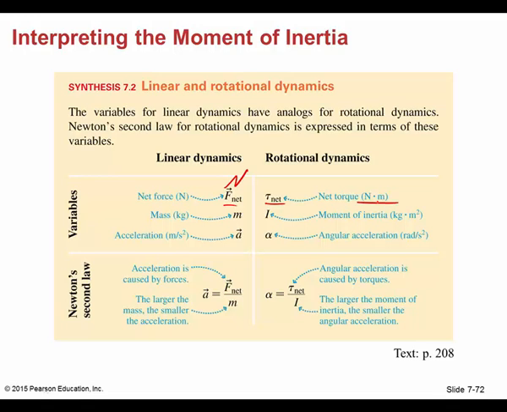Why do we use newton meters? Again, that is the force applied over what we call a lever arm. Now, moment of inertia has to do with the mass and the distance the mass is located from the radius.